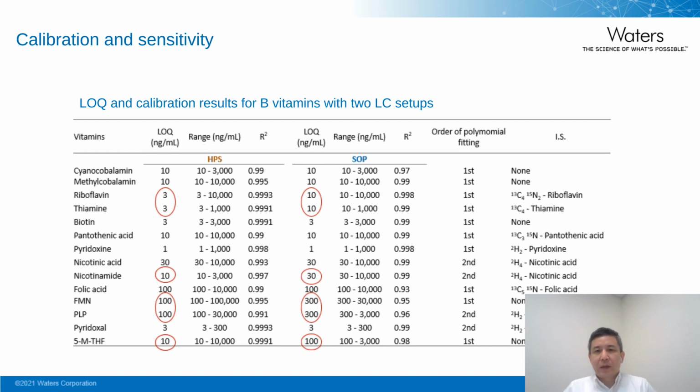As you can see, for some of the B vitamins, comparable results in terms of LOQ are obtained, but for others, specifically the riboflavin, the thiamine, the nicotinamide, the FMN, PLP, and the 5-MTHF, 3 to 10 times more sensitive detection can be obtained from HPS than SOP.